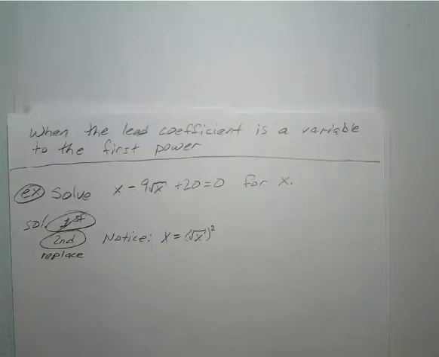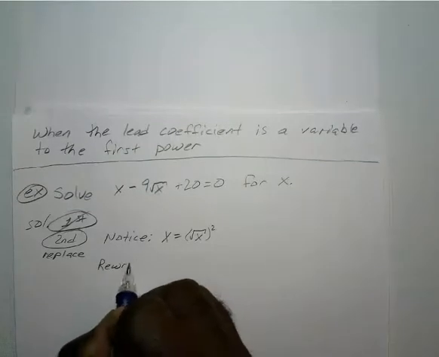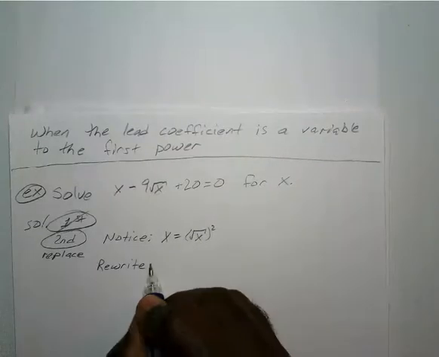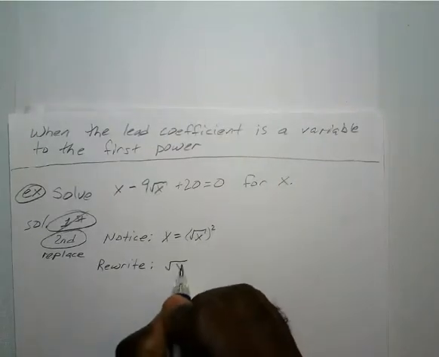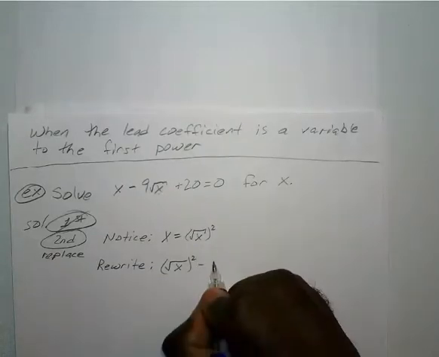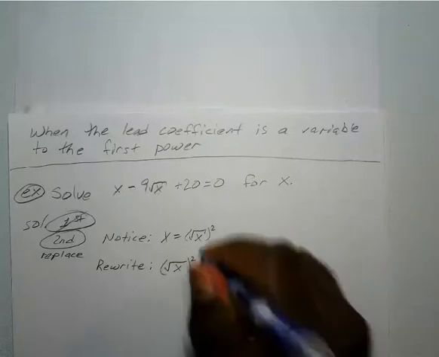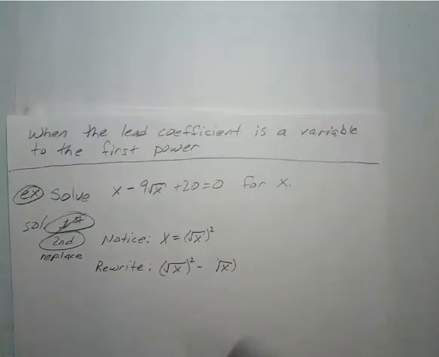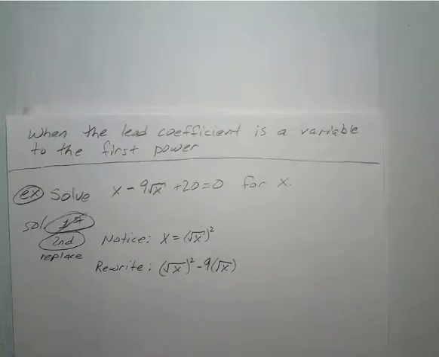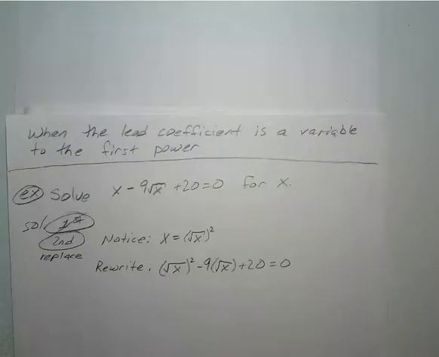So once we get our notice out the way, we can go ahead and rewrite it. So instead of x, we can make that square root of x squared. Minus 9 square root of x. And again, you don't have to put the parentheses if you don't want to. On the middle term, I just do it out of personal preference. Plus 20 equals 0.